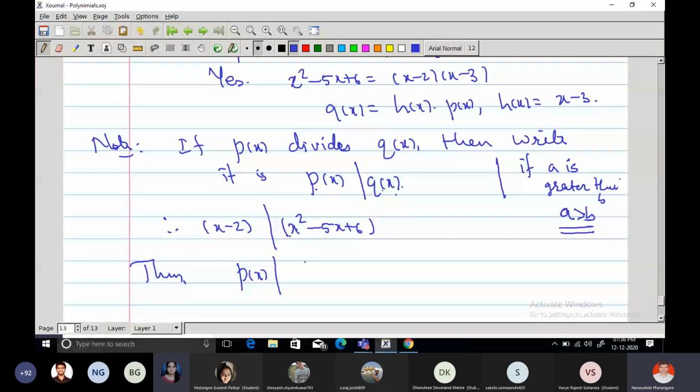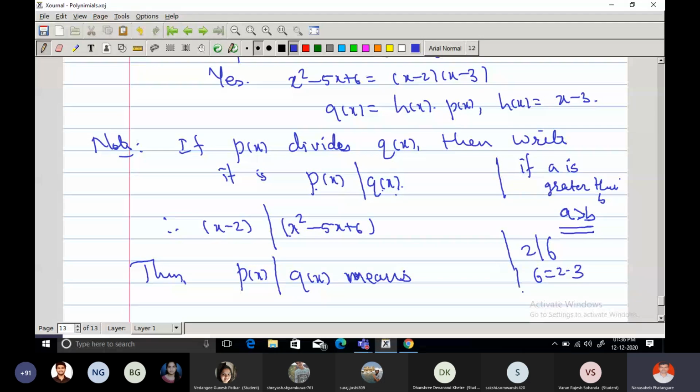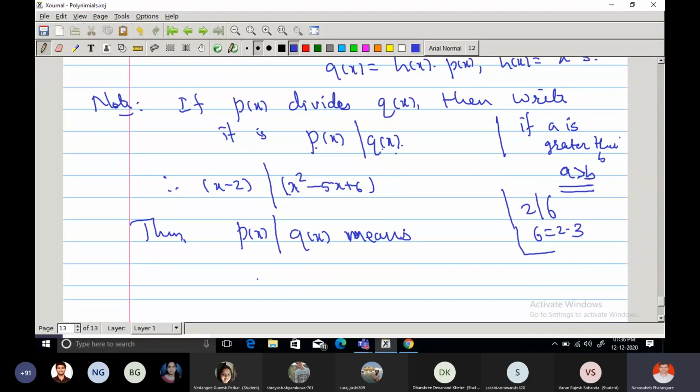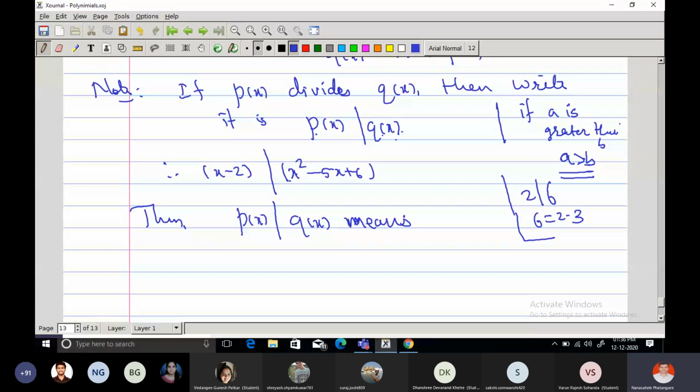Right. Yes, sir. So 2 divides 6. What does it mean? 2 divides 6 means 6 is equal to 2 times 3. So P divides Q means, what is the meaning of this symbol? P vertical line Q means P divides Q. px divides qx means what?